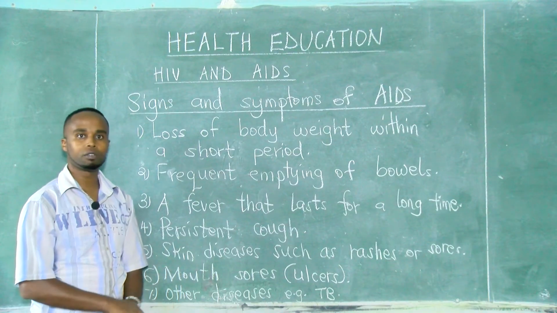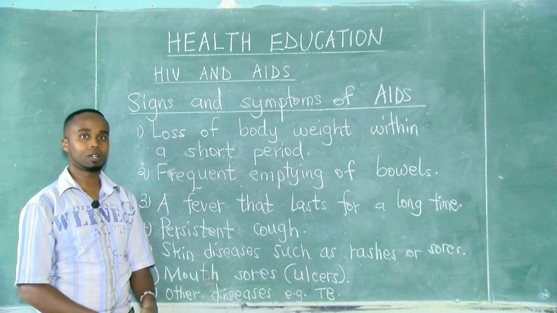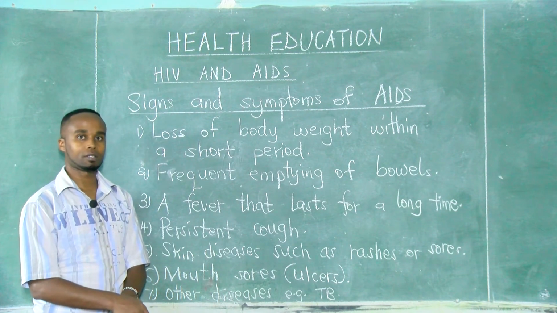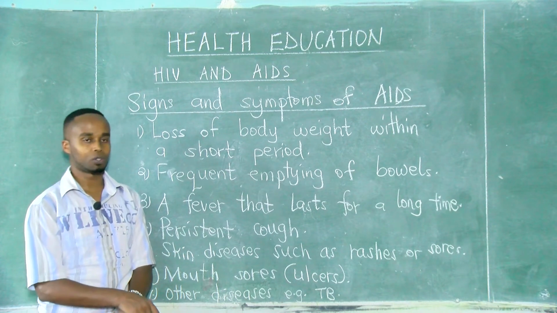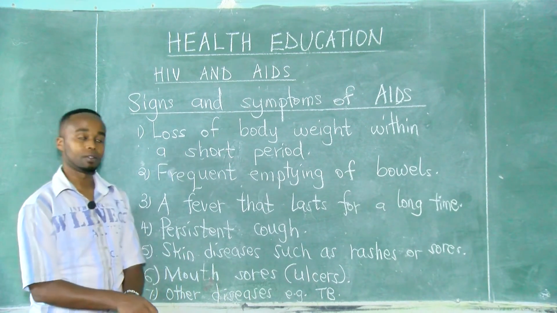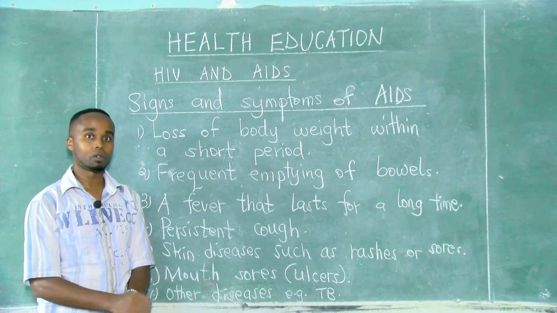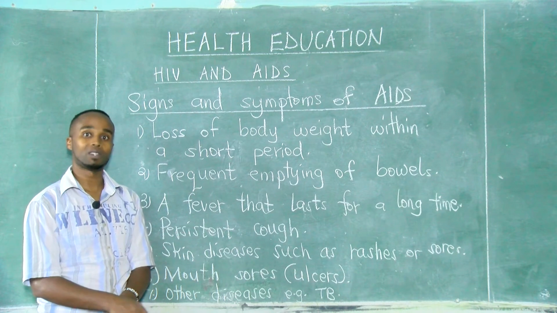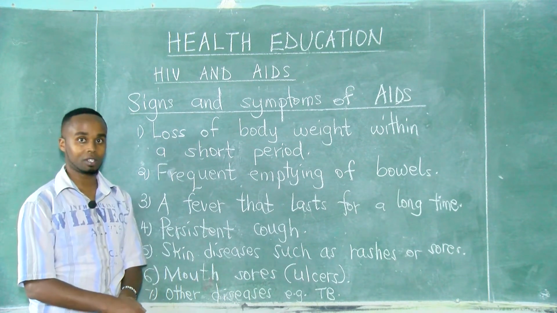We have looked at the stages of HIV/AIDS, and we have said that the first one is known as the window stage or period. Yes, that is a stage that lasts for about 4 to 6 weeks. It is the most dangerous stage, because if a person goes for a test, the test will always be negative, regardless of whether they are infected or not.